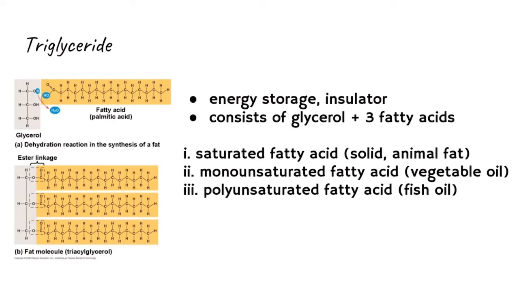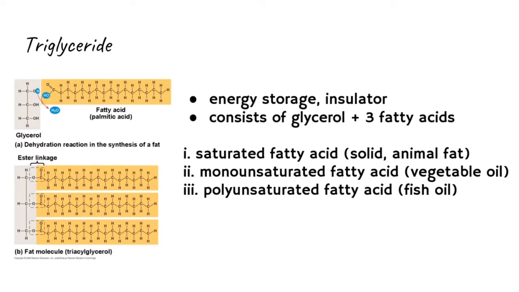First is triglyceride. Its other name is fat. It functions as energy storage and insulator. Tri means 3, so triglyceride consists of glycerol and 3 fatty acids. There are 3 kinds of them, and the first one is saturated fatty acid.